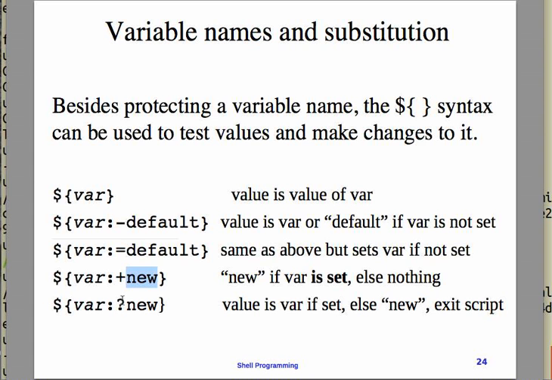Now another option, there's actually even more than this, and we're just going through a few of them. So let's say you have $var colon question mark new. This is sort of the opposite of the one we just looked at. If var has already been set, then it just returns the value of var, and if it has not been set, it returns the value of new.